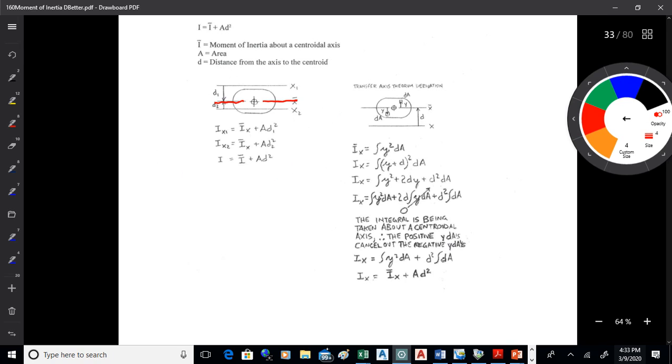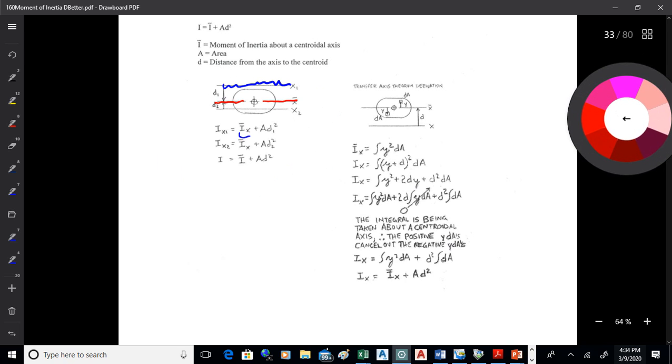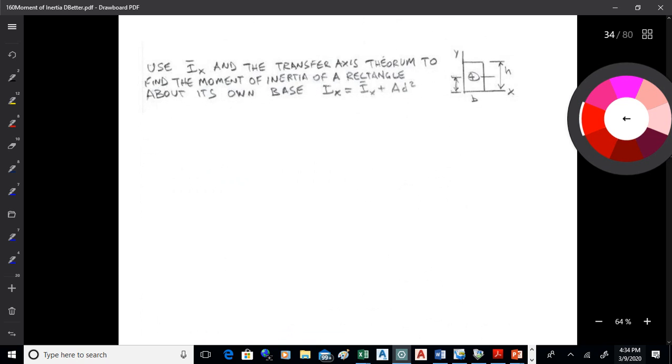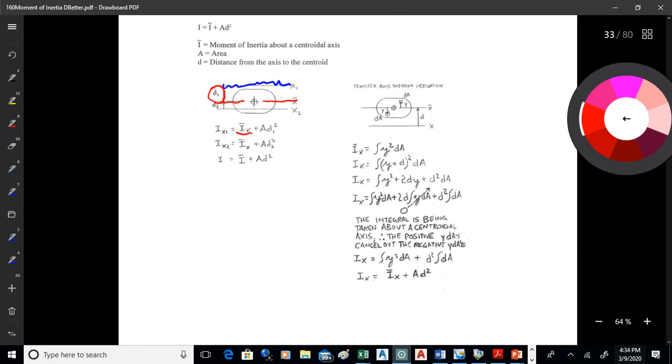But if I want to find the moment of inertia of that shape about this axis up here, I just use my red moment of inertia, I bar x, and then I add in a term called the transfer axis term, which is A times the distance d squared. Is it only for symmetrical shapes? No, it'll work for anything. As long as the axes are parallel, you're good.